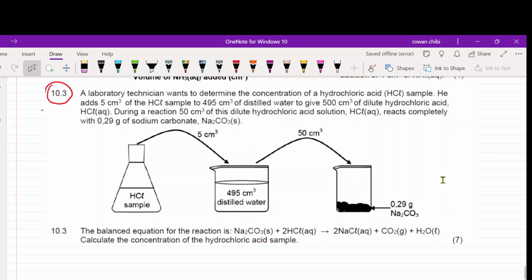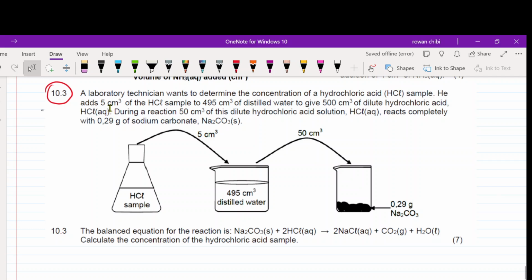So I want us to look at the statement again, and then let us draw our own picture to understand what we are given. A lab technician wants to determine the concentration of the HCl sample.